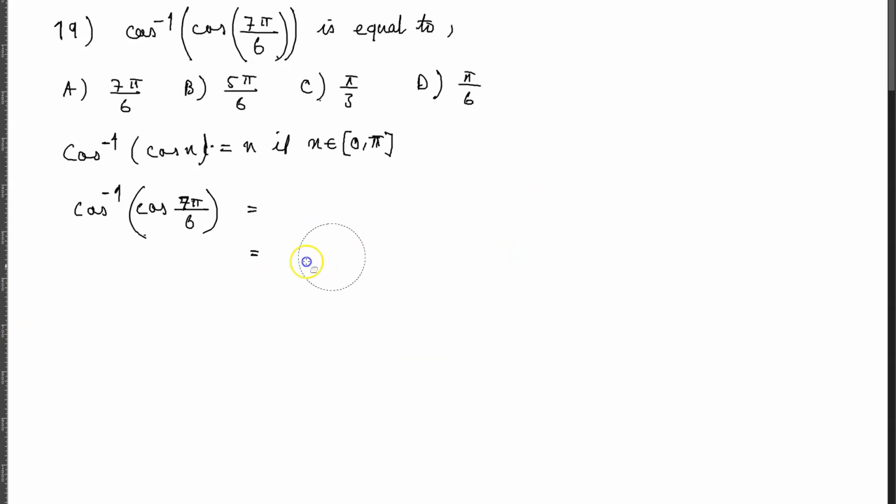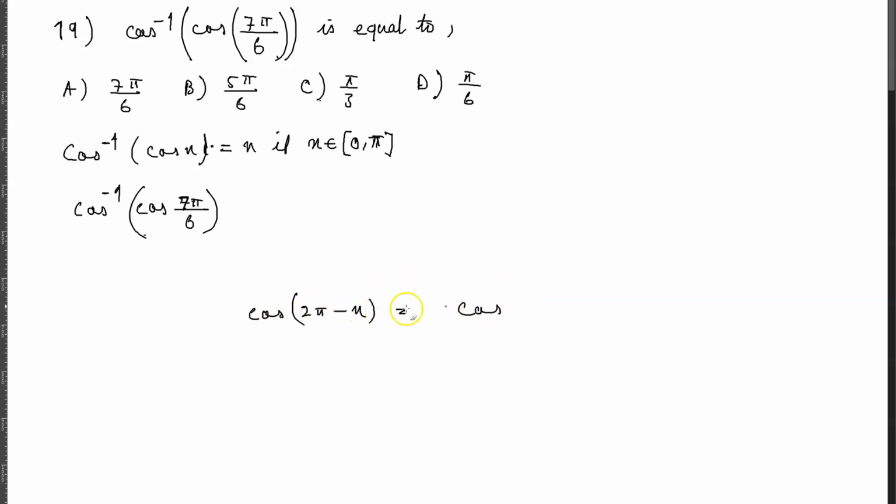So I'm going to erase all of this. Now I want to write cos of 7 pi by 6 in terms of cos of 2 pi minus some angle, right? First of all, there is no change in the trigonometric ratio, meaning that it's going to remain cos because I'm using 2 pi.